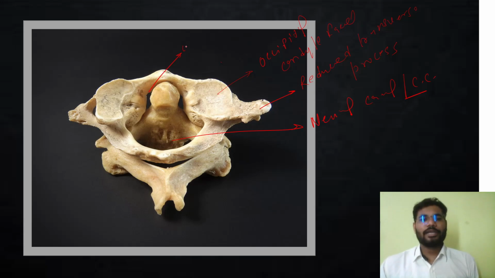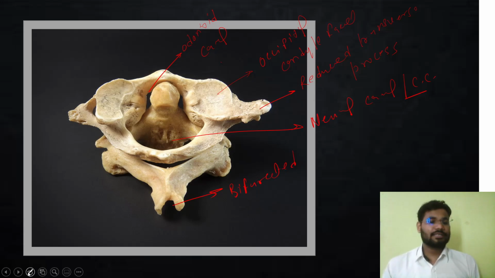This is the odontoid canal, and done, right? This is the bifurcated neural spine of the second.